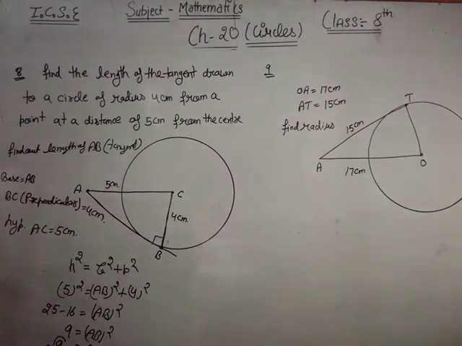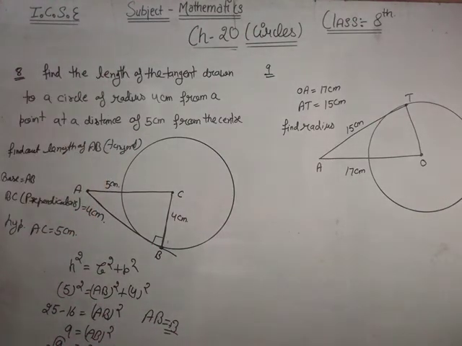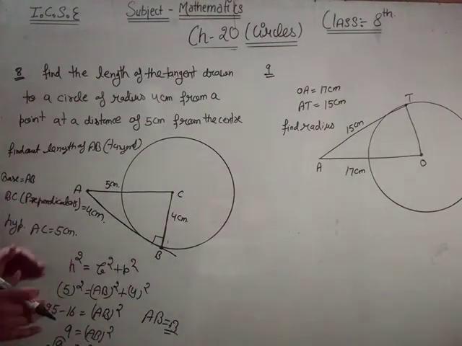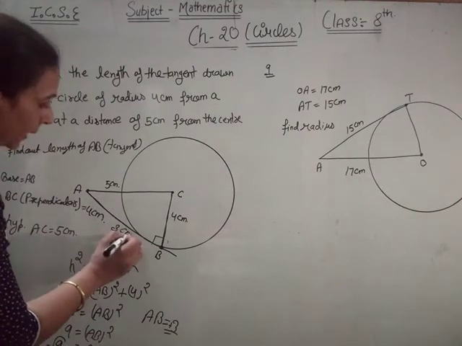Okay student, we take AB equal to plus 3 because length is non-negative. Length is not negative, then AB equals 3 cm.